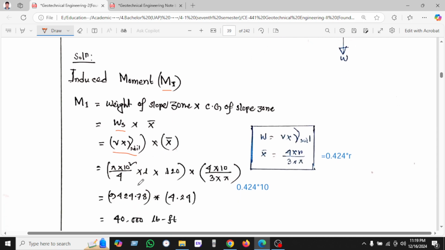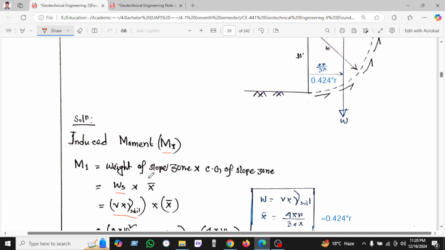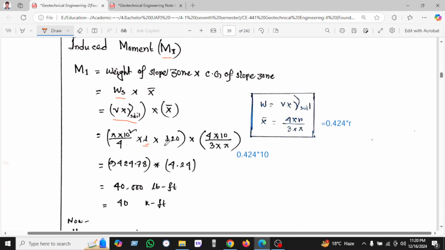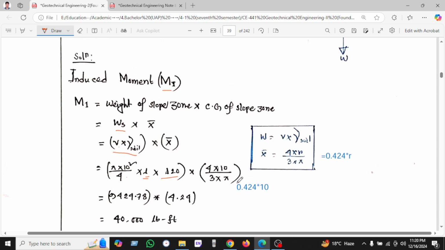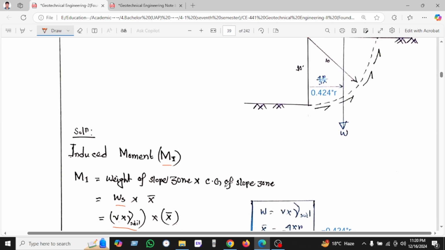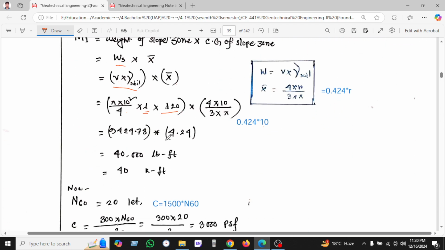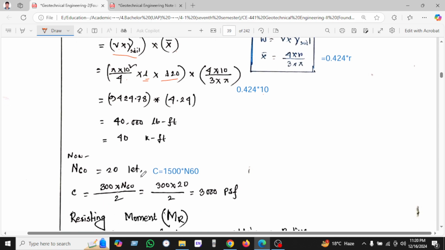The volume is pi d squared by 4 times 1, taking a 1 foot strip, and the unit weight of soil is 120, and x bar is 0.424 r, or 4r by 3 pi. R is 10, as given here. In this way we have found 4000 pound per foot.